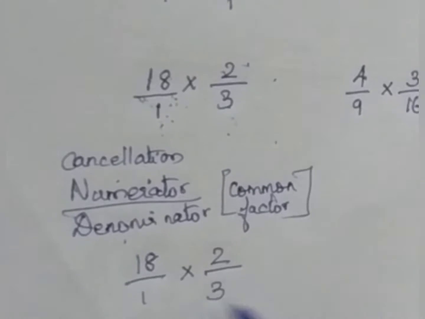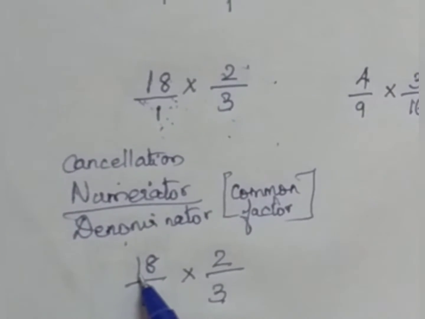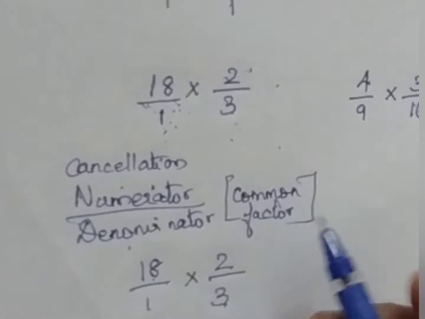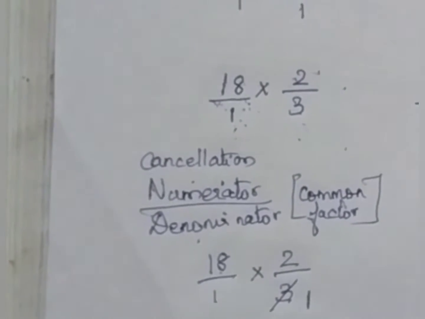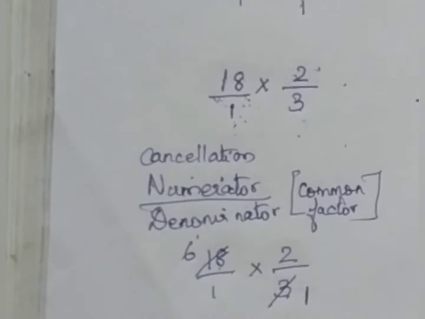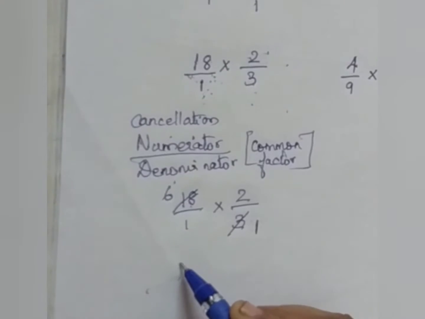Now here 3 and 18 have a common factor. So we are just cancelling using 3's table. 3 ones are 3 and 3 6's are 18. Now the fraction is 6 by 1 into 2 by 1.